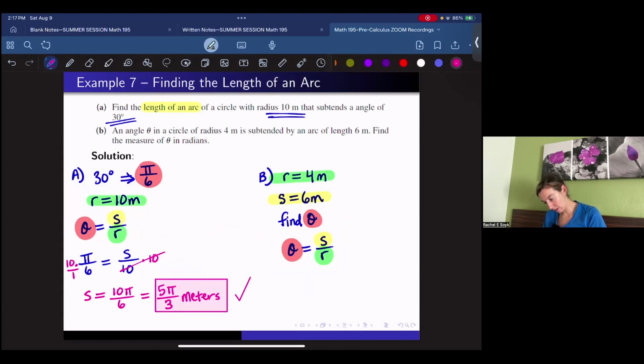So when we plug it in, we get theta is equal to 6 over 4, which reduces to 3 over 2. And with our angle theta, this is now in radians. So 3 over 2 radians. And we're done.